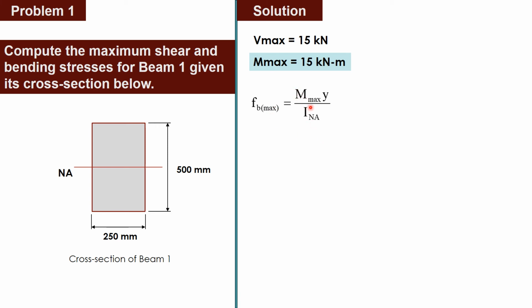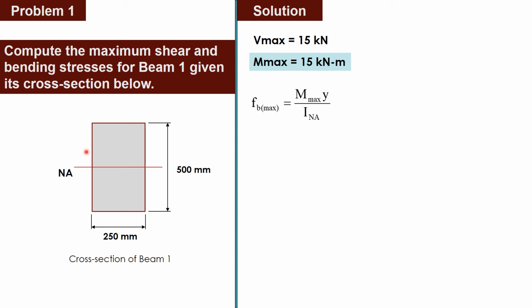So, of course, your maximum moment is 15 kilonewton meter and then Y. So, yung Y, as I have explained earlier, the farther the fiber is from the neutral axis, the greater the value of the bending stress. So, you measure this Y from the neutral axis. So, since ang hinahanap natin ay maximum bending stress, so kunin mo yung pinakamalayong distance from the neutral axis.